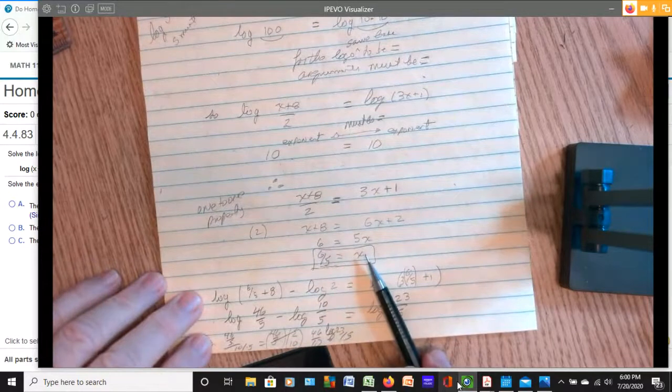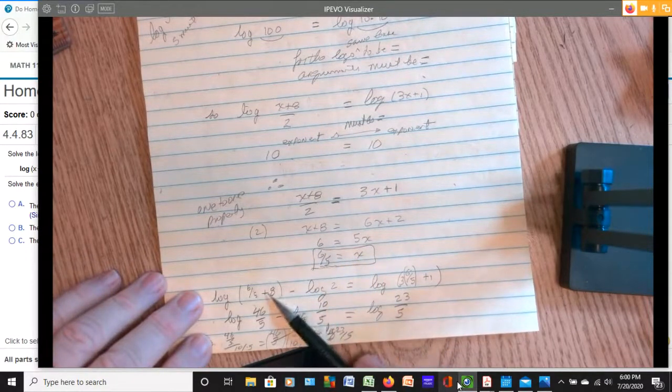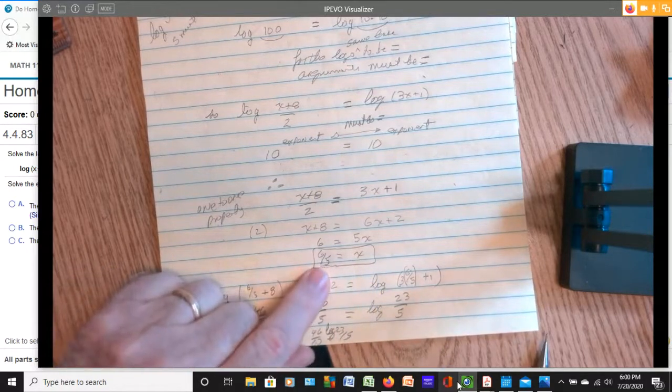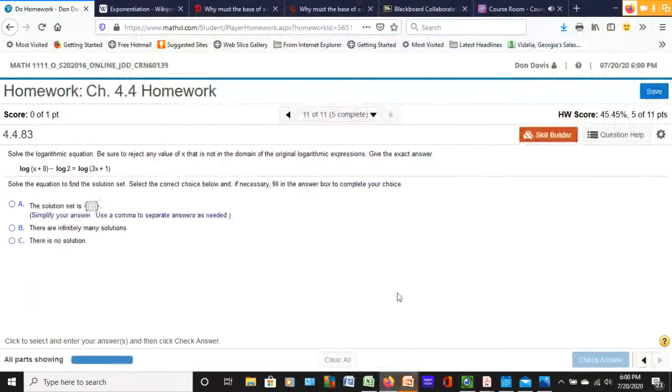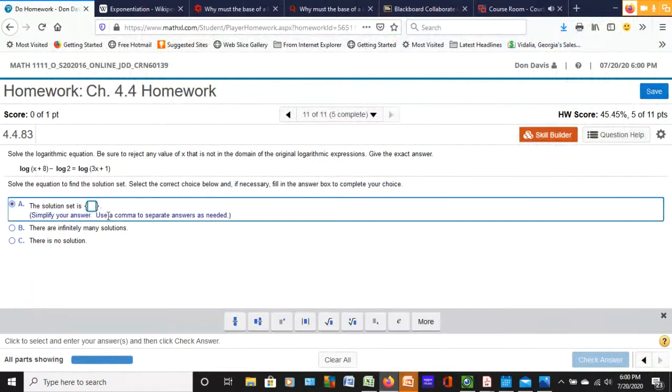And I don't see any negative values that would come about in any of these calculations for the argument of the log. So I'm going to say x is 6 fifths, and there's not any problem with that answer.